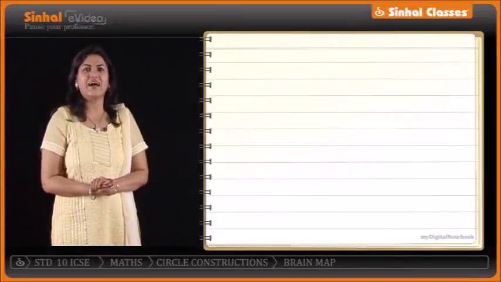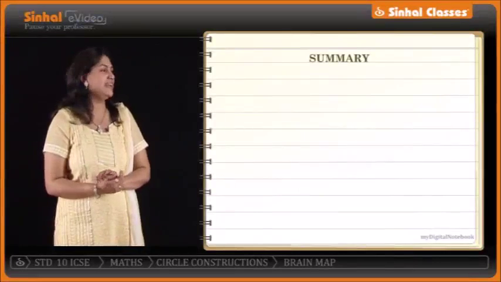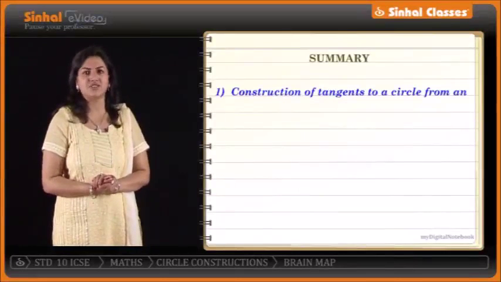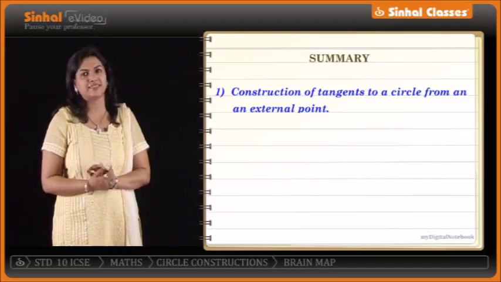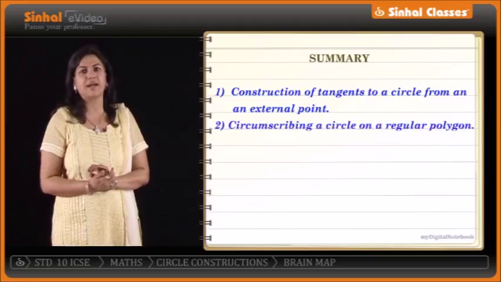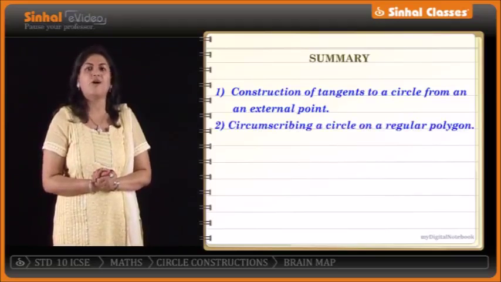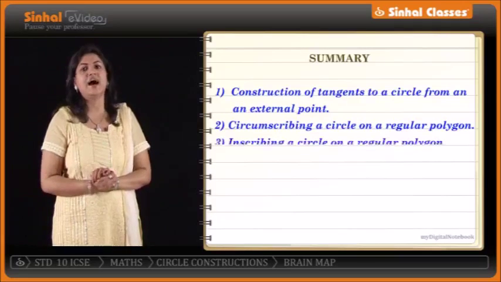Now let's look at the brain map of this topic. We have seen the construction of tangents to a circle from external point. We have also seen how to circumscribe a circle on a given regular polygon. Also, we have seen how to inscribe a circle on a given regular polygon.